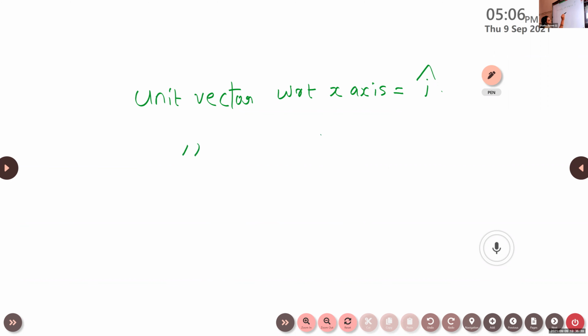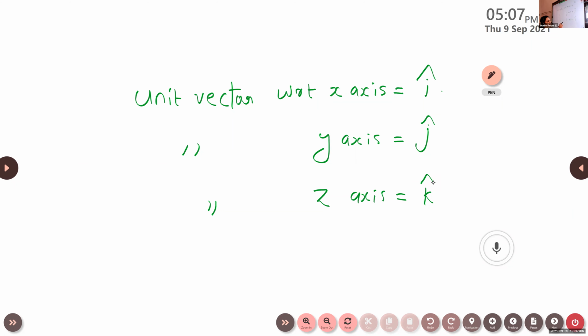Unit vector with respect to the y-axis? j cap. Then what about the unit vector with respect to the z-axis? k cap. Okay. So we know that the unit vectors with respect to the x-axis, y-axis and z-axis are i cap, j cap and k cap respectively.